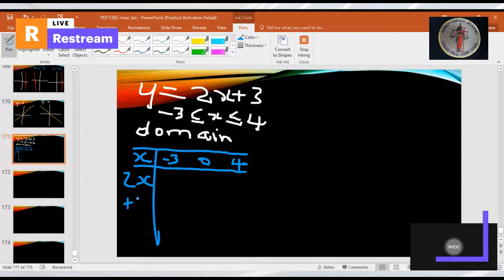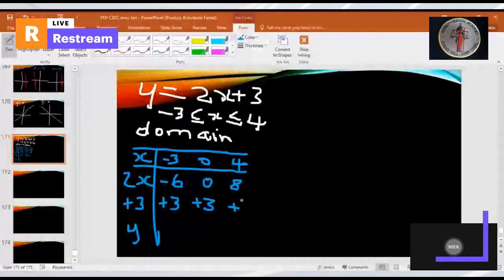Then add 3 to each of those. When we add 3, that's -3. 0 plus 3 is 3, and 8 plus 3 is 11.